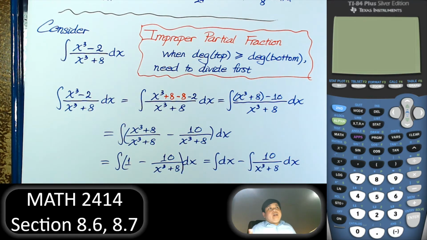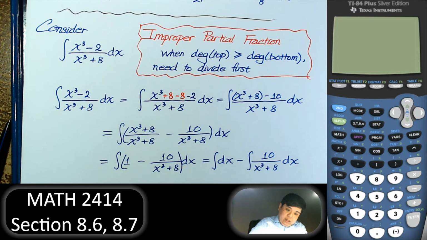So my point is, when we have improper partial fraction, we need to divide them first and then split it out. And then what we have remaining here is the standard partial fraction.